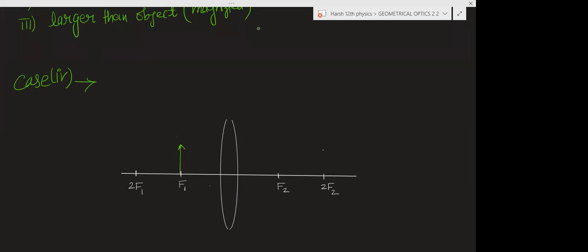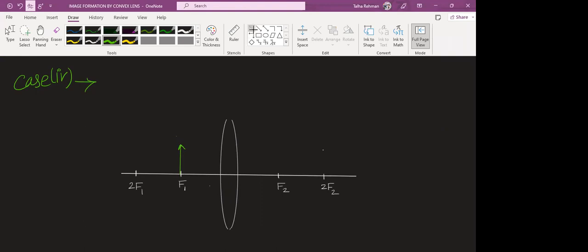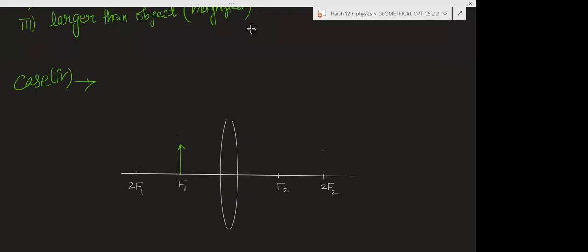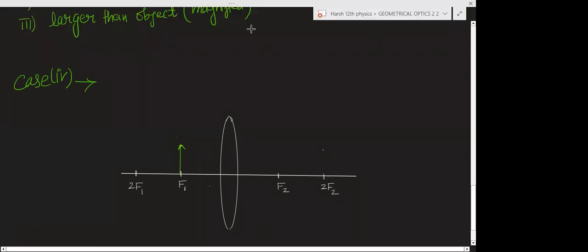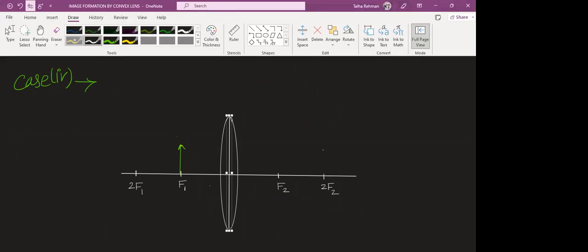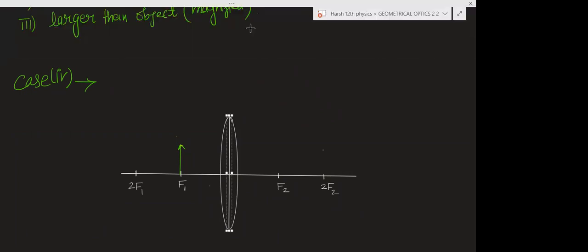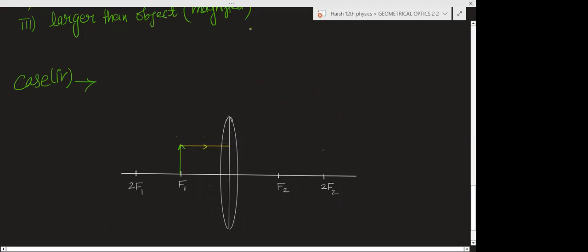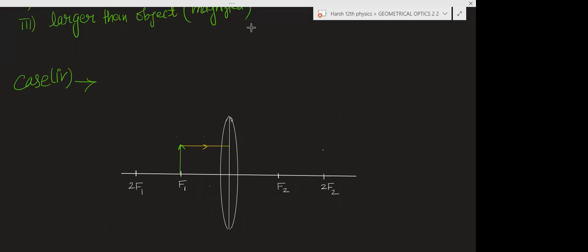Two rays from the object: the first ray is parallel to the principal axis and will pass through the focus.